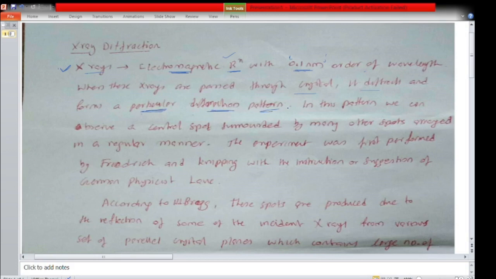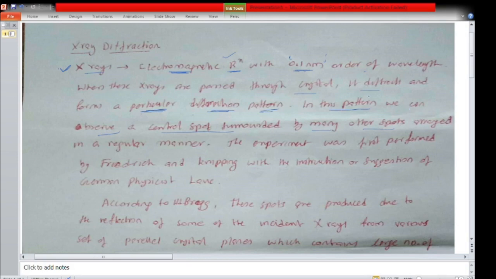When you observe the pattern formed after diffraction, we can observe a central bright spot, along with many other spots surrounding that central bright spot.